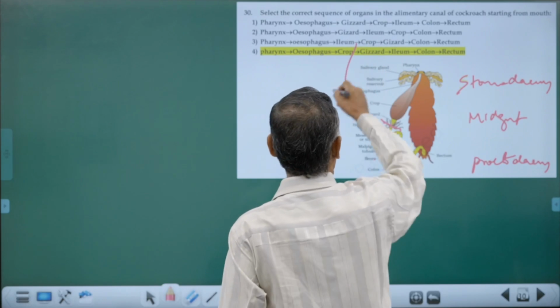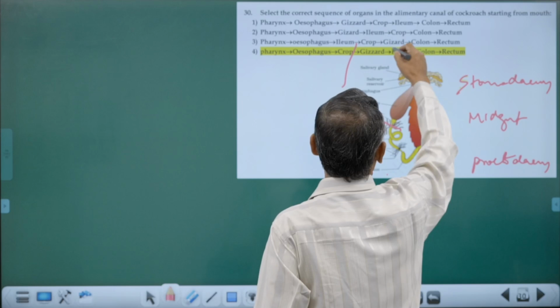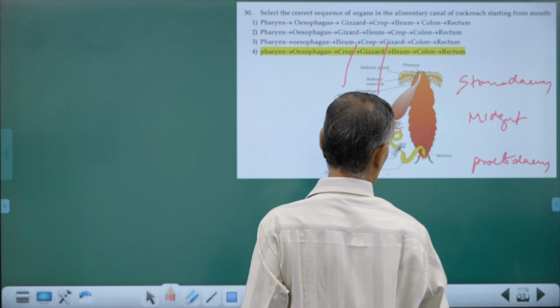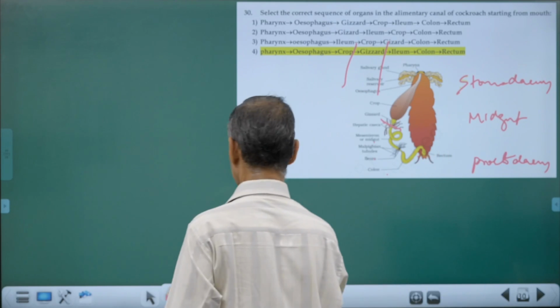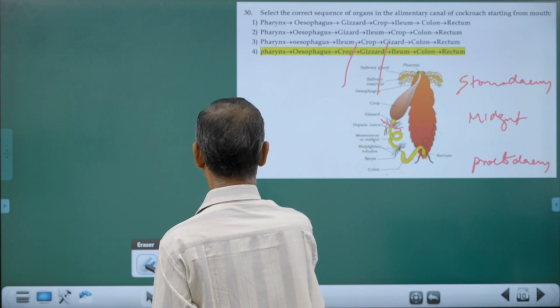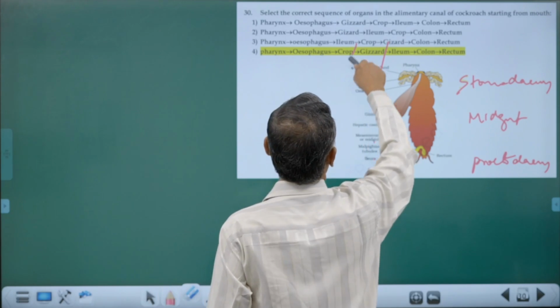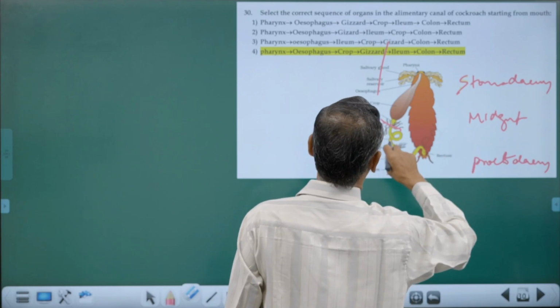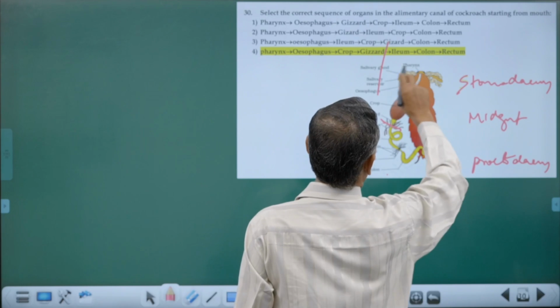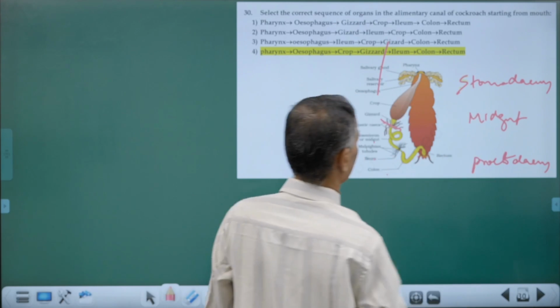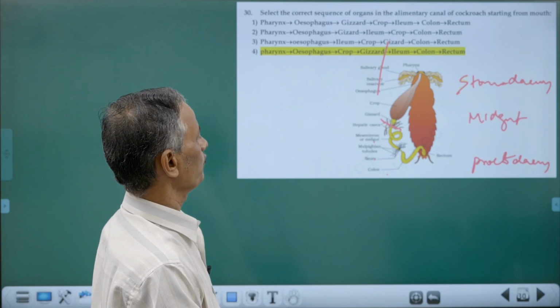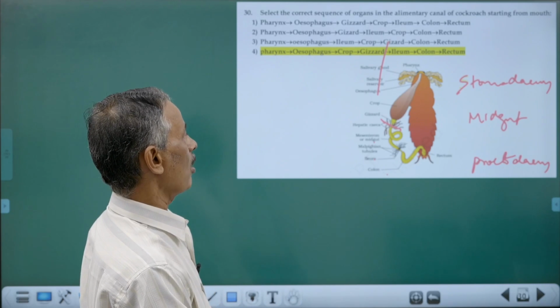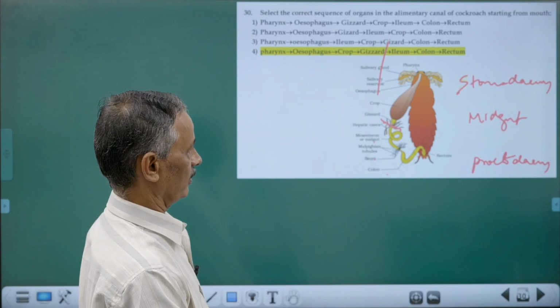Up to the gizzard, it is stomodeum. Then you are having the midgut, then ileum, colon, and rectum is the hindgut. They are respectively called as foregut, midgut, and hindgut.